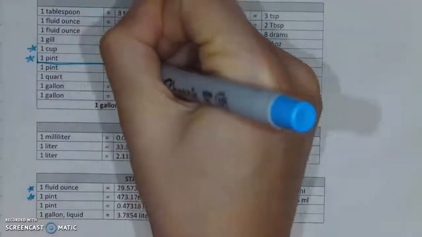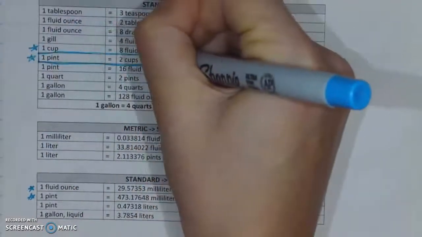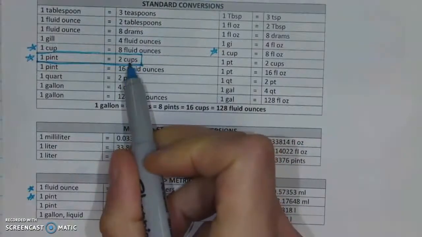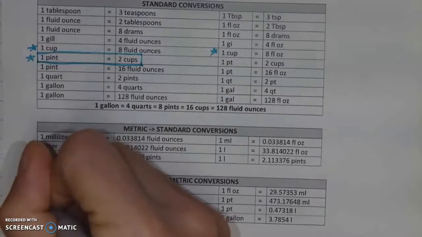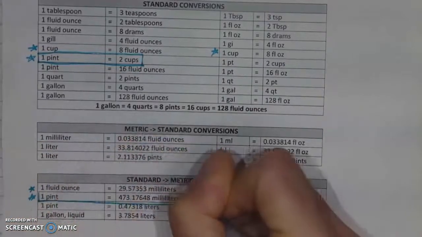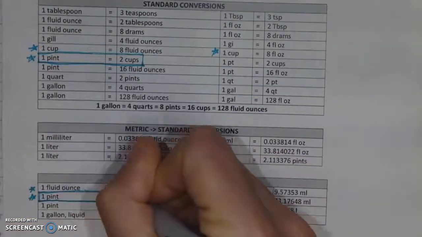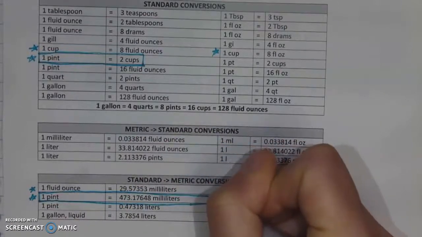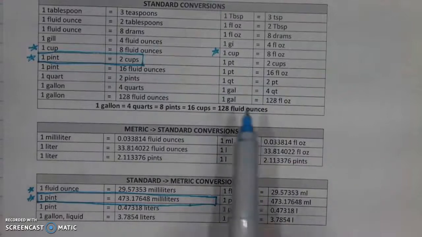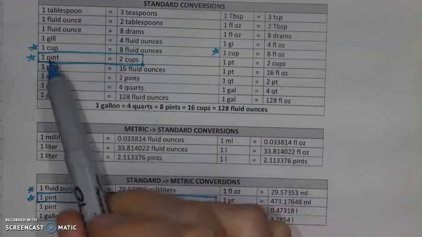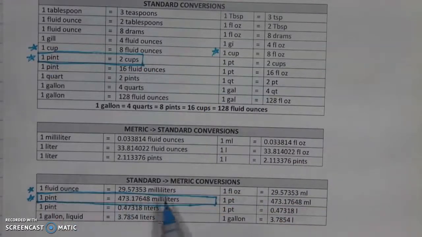When I have 1 pint, I know that that's the same as 2 cups. So I could switch from my cups into pints. And down here, if I know that I have a pint, I know that I have 473.17648 milliliters. So kind of a messy conversion, but I have a conversion. That means I could switch from cups into pints and from pints into milliliters. So that's what I'm going to do.